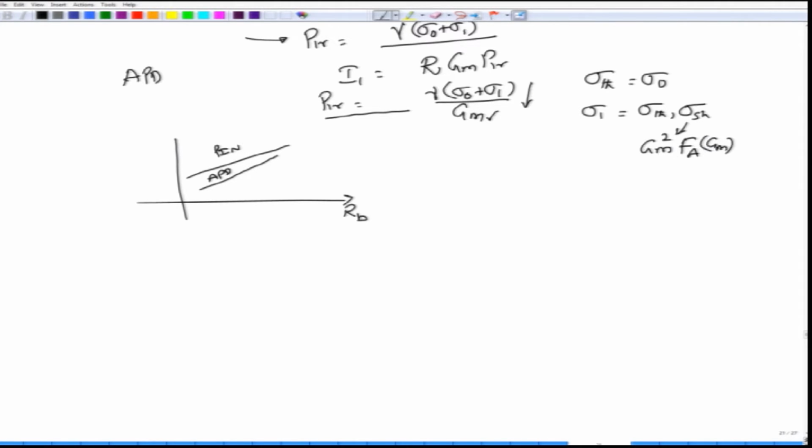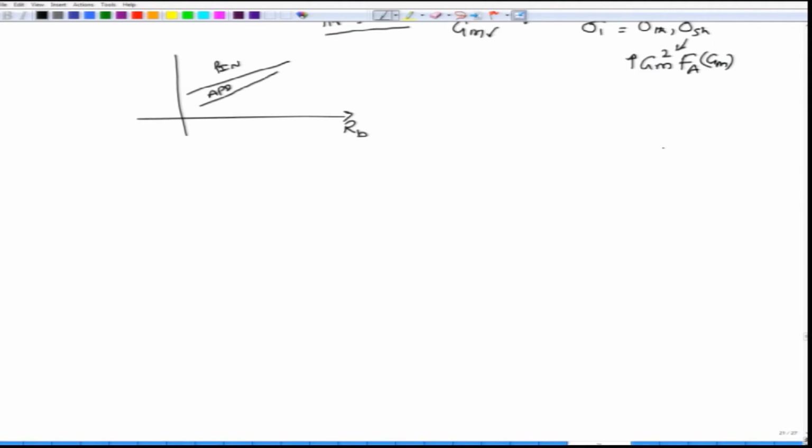Because of this multiplication, the shot noise component actually increases with sigma 1. The shot noise that you get with an APD is much larger compared to the shot noise that you get with a pin diode receiver. However, you can show later that the required optical power actually goes down when you have this APD receiver.